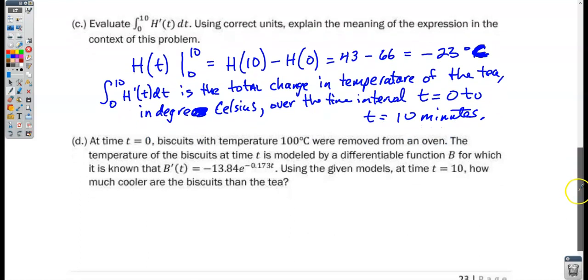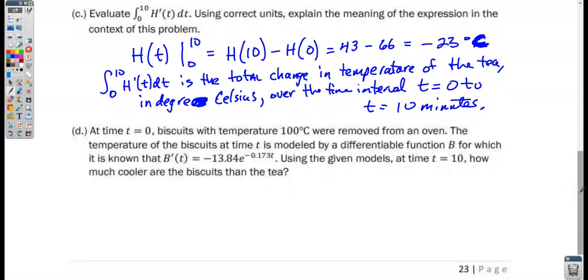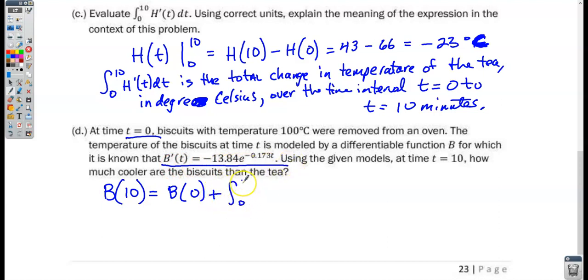Using the given models, at time t equals 10, how much cooler are the biscuits than the tea? We know the temperature of the biscuits at time 0, and we know that this is the rate of change of the biscuits. So if we integrate that from time 0 to time 10, it's going to give us what we're looking for.